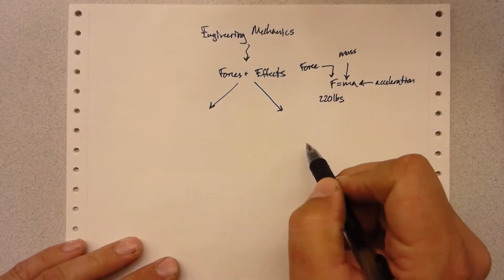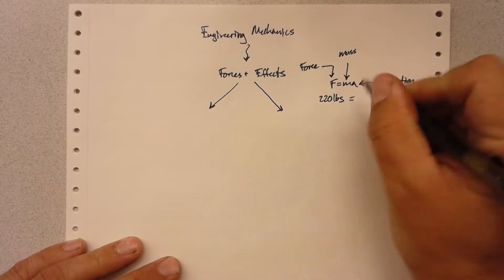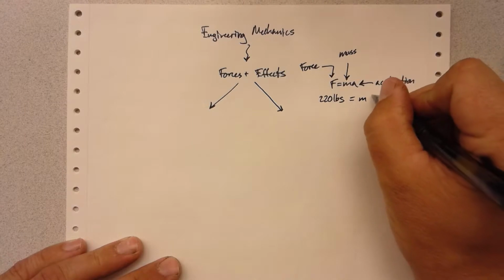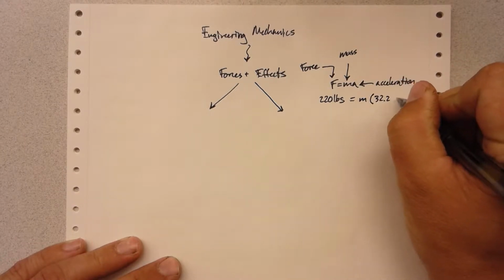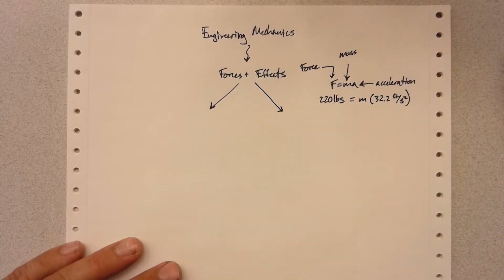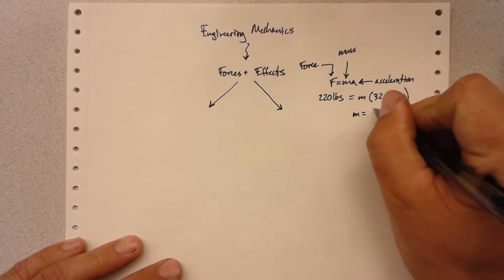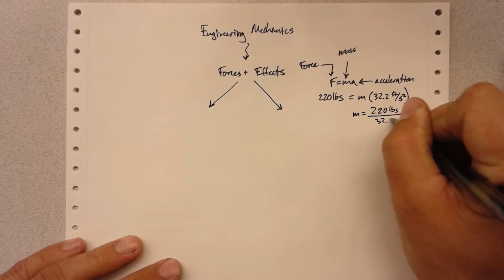I'm going to tell you that my 220 pounds is a force, and that's equal to my mass times the acceleration of gravity, which in the U.S. customary system is 32.2 feet per second squared. So we could figure out what my mass is. My mass would be 220 pounds divided by 32.2.